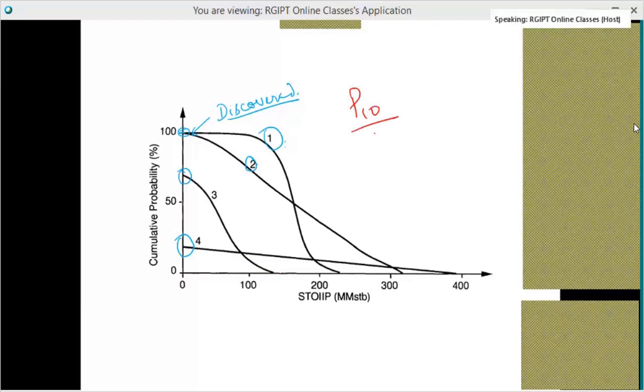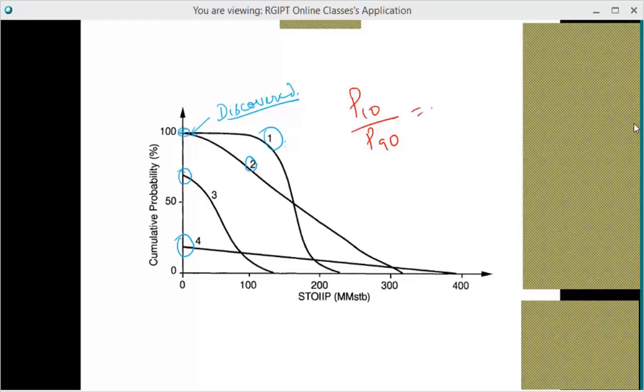So if you do this P10 over P90, and if it is less than 3 times, you have better confidence in your reserve estimate.